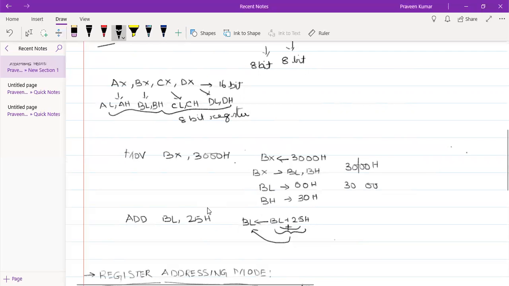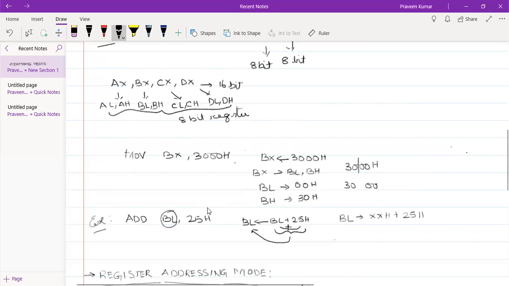I will take one more example, adding a number: ADD BL, 25H, where BL already has some data, say XXH, which will be added with 25H.